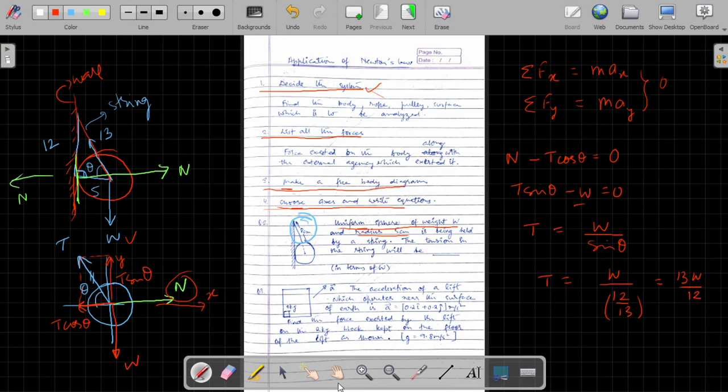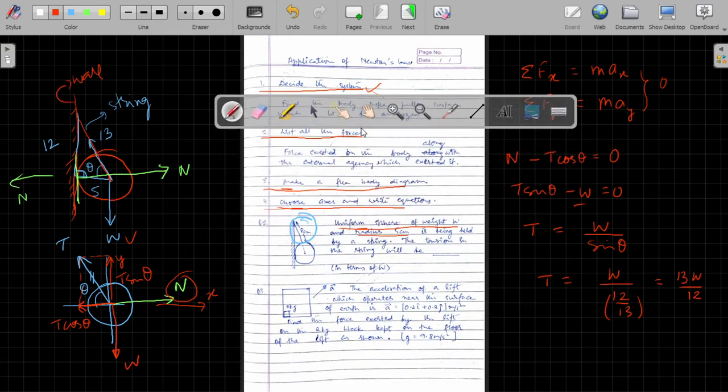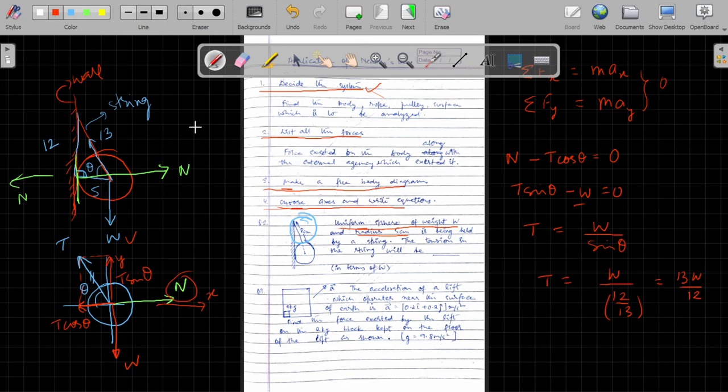Next question. The acceleration of a lift which operates near the surface of Earth is a equal to 0.2 i cap and 0.2 j cap meter per second square.